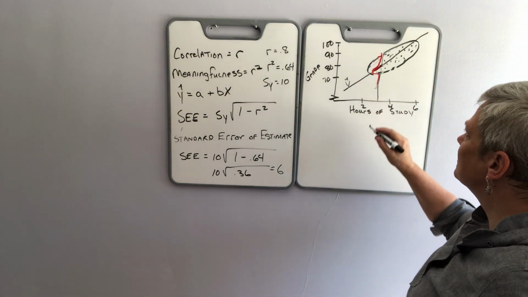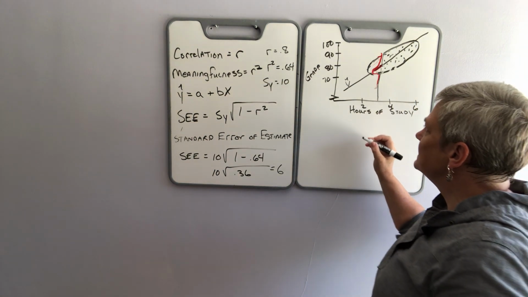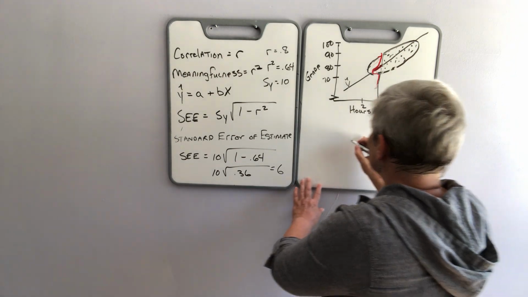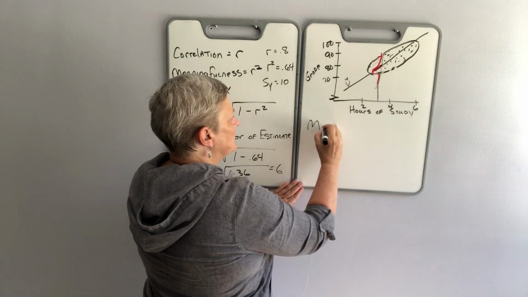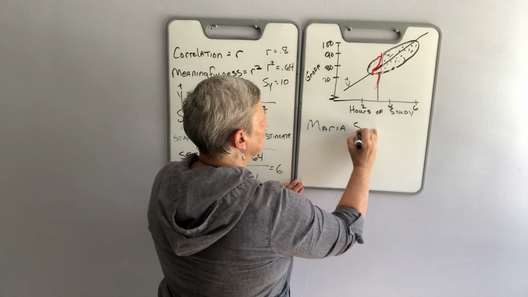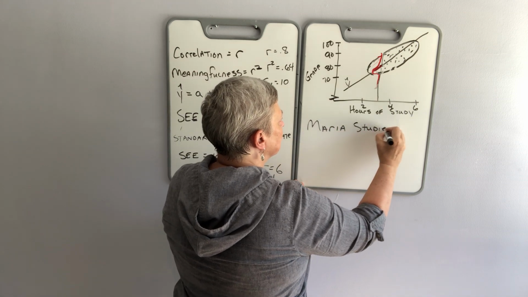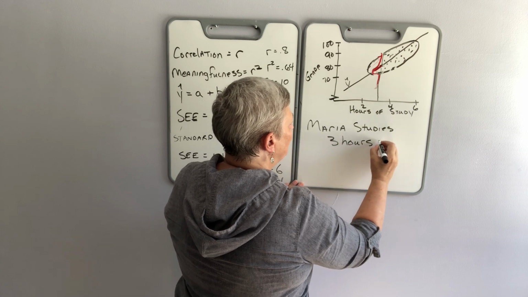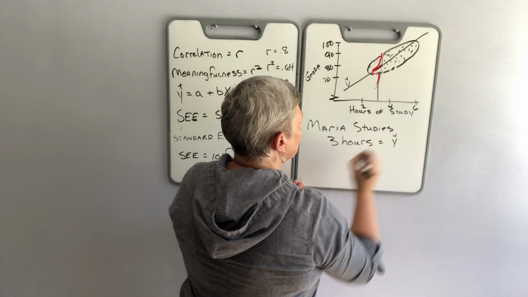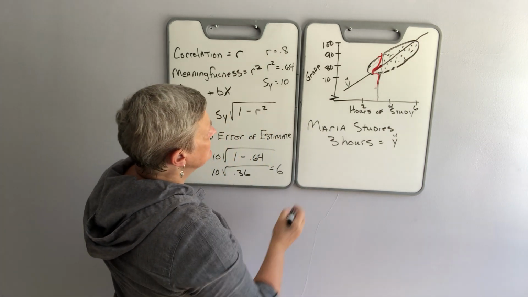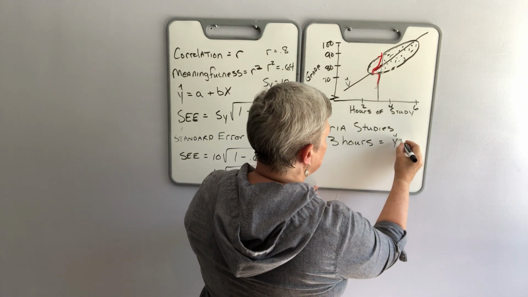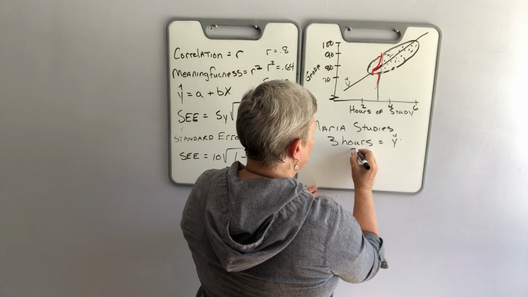So if Maria studies 3 hours, and her y predicted, let's say, is 78.